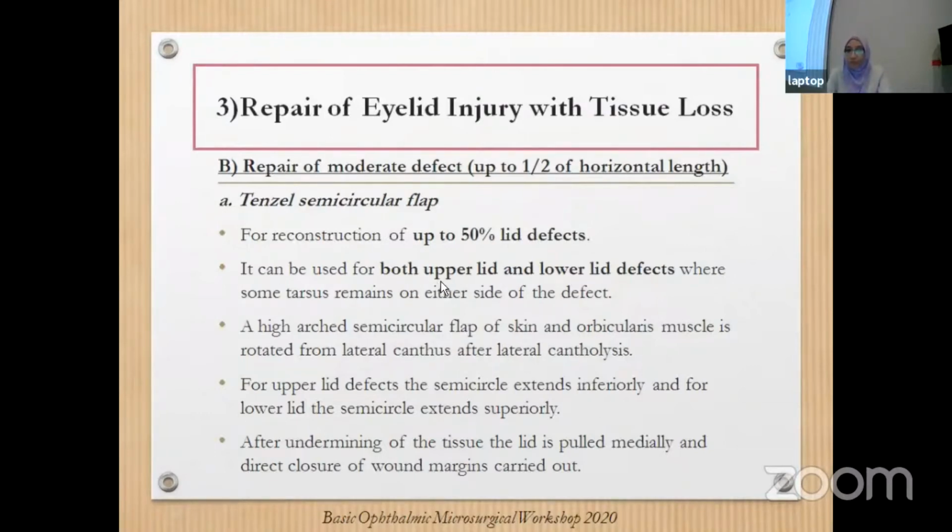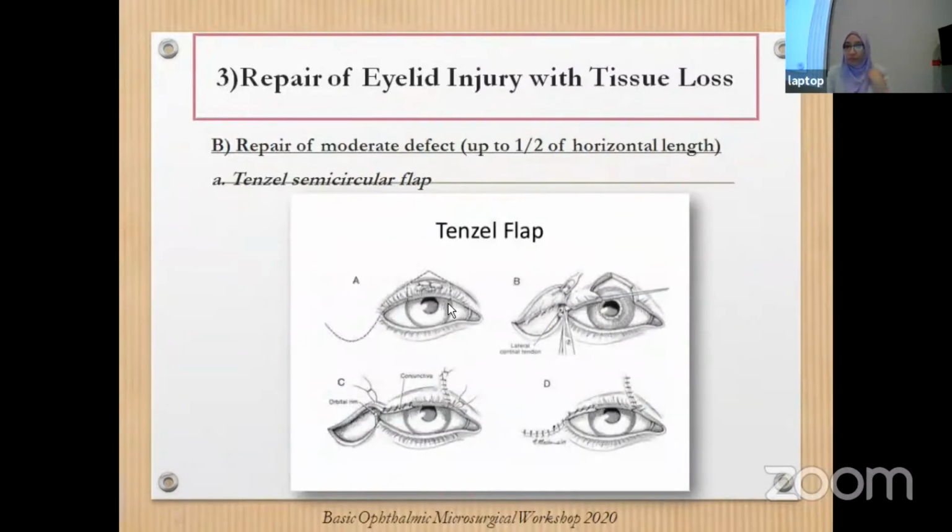It can be used for both upper and lower eyelid actually. Okay, this is an example. For example, there's a tumor here, this part of the tumor, including the free margin here. So this is large. We cannot do direct closure as the horizontal length is up to half, 50% actually.